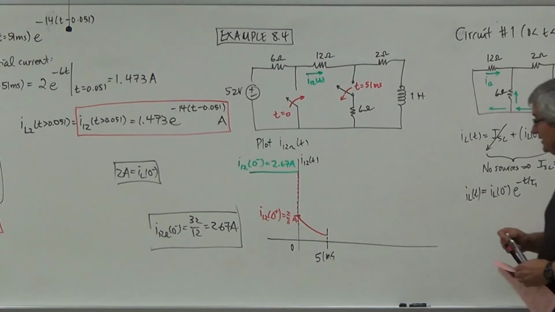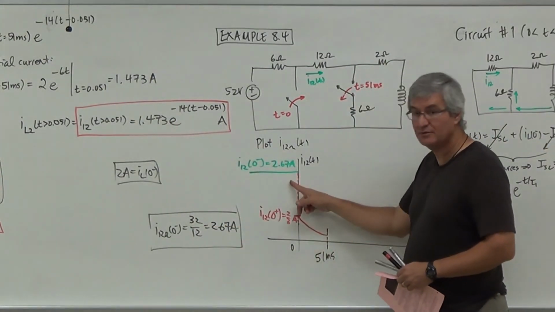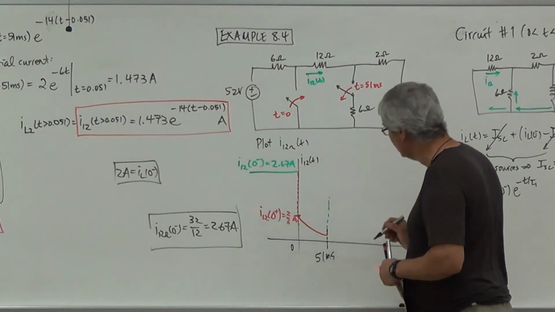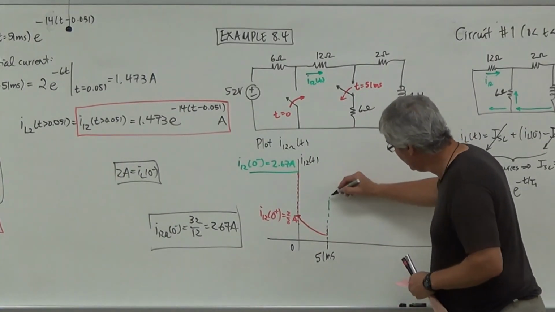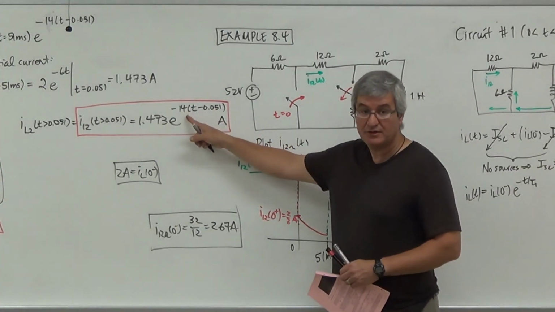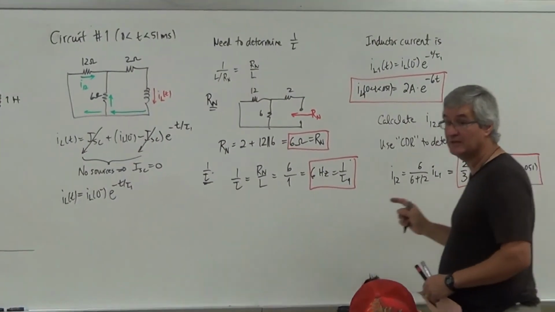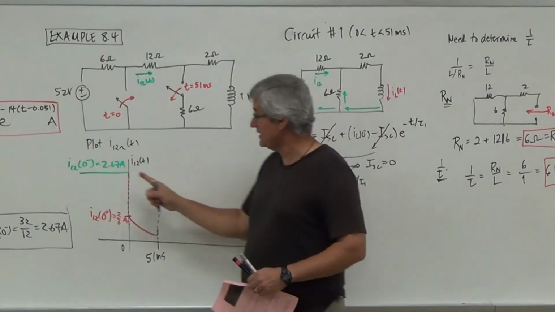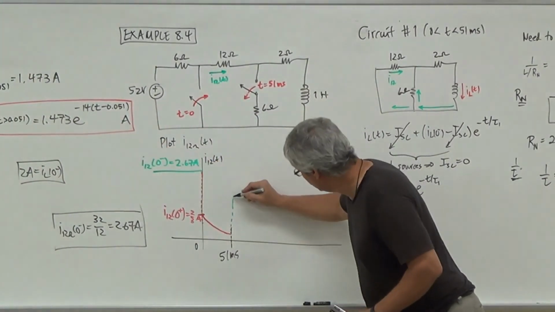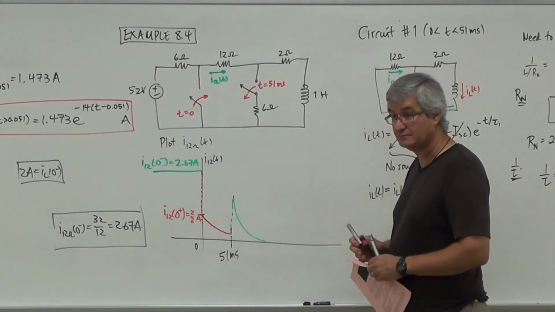So this guy jumps not up to the original value, but somewhere up to here. And note that this is negative 14. The other one is negative 6. So what ends up happening? This has to have a sharper decay. So I would think here that this guy decays very quickly compared to that one.